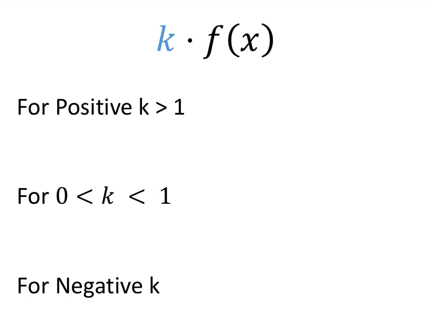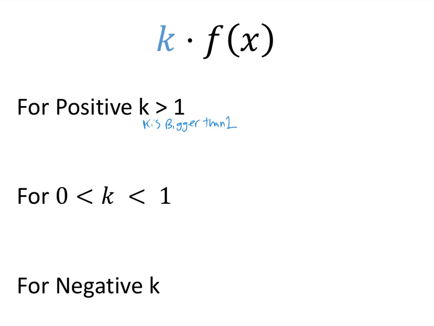When k is multiplied on the outside, it does some pretty interesting things. When k is bigger than 1, I'll write that in there because I think it's important that you know what the symbols mean.